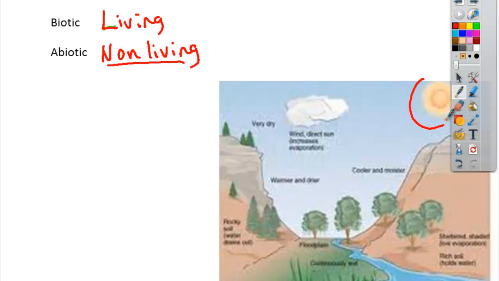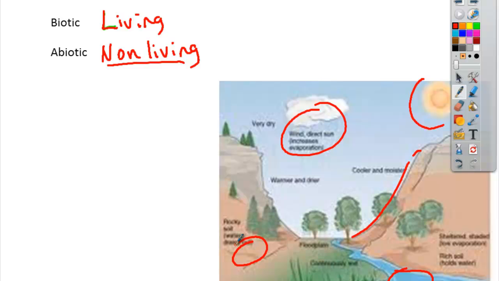The amount of sunlight, that's an abiotic. Amount of precipitation, abiotic. The amount of water, abiotic. The slope of the land, abiotic. It could be the type of soil, abiotic.